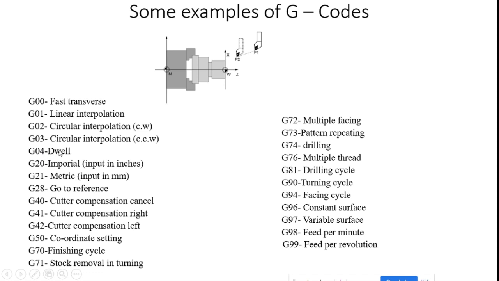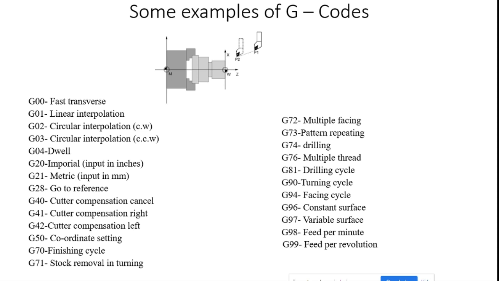And also the unit system: what unit system the CNC machine should follow. I can give the inch dimension and also the metric dimension. If I produce the components with inch dimensions, I utilize the G20 code for imperial dimensions.